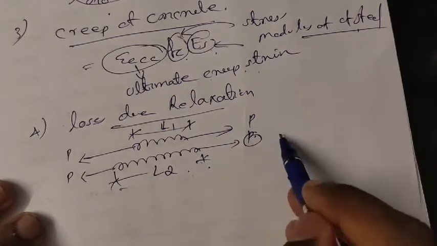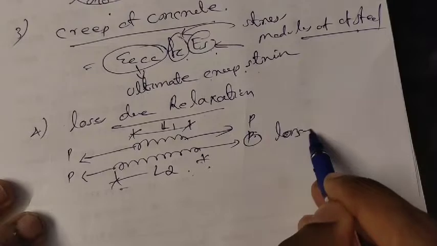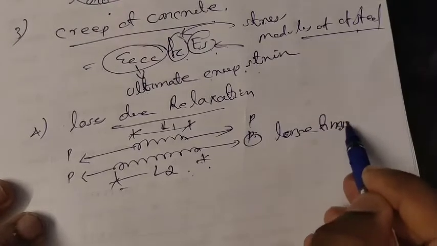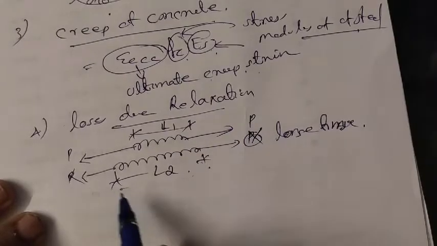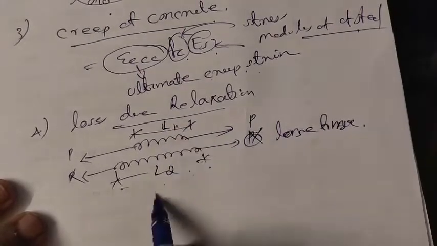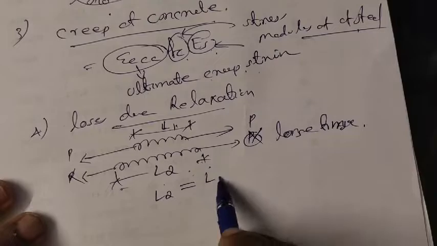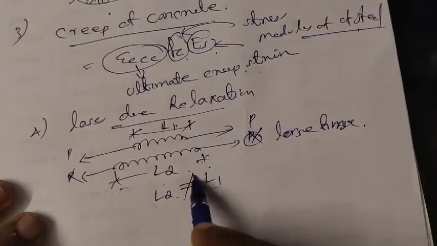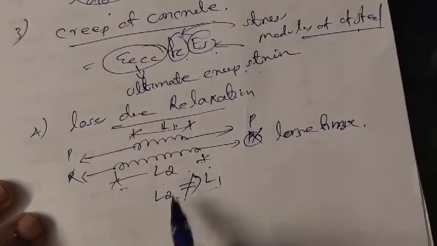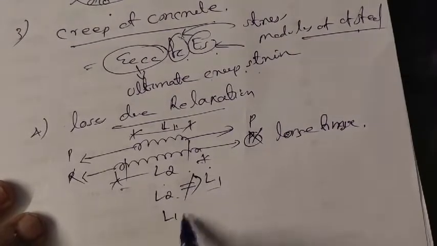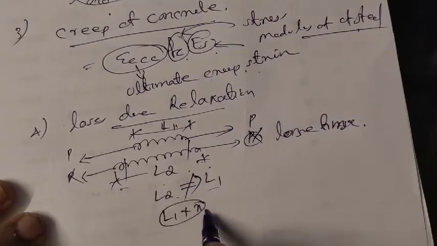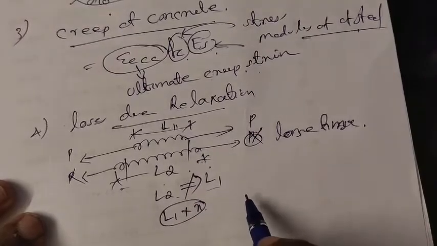after a long time, if we release this P, it will not regain from L2 to L1. Instead of L1, it may be something different, L1 plus x, a small change. That is called relaxation.